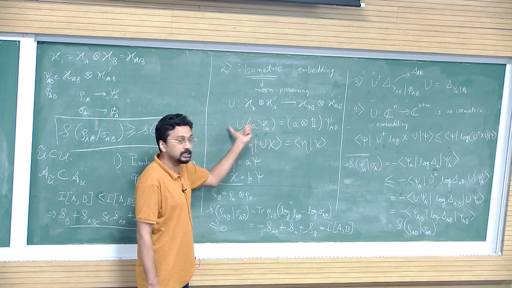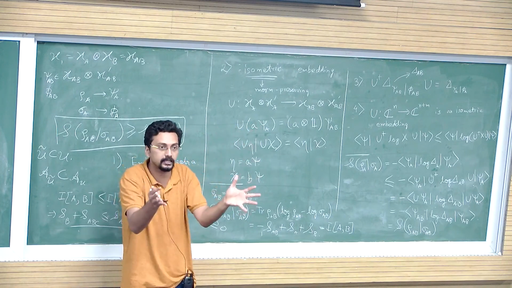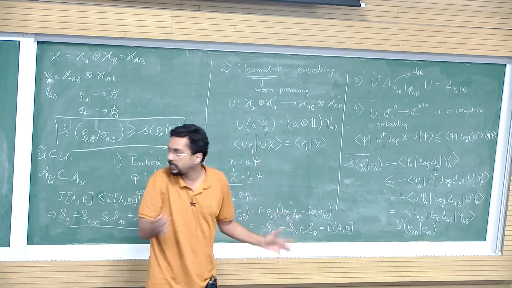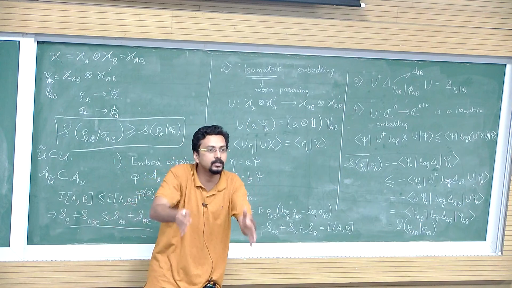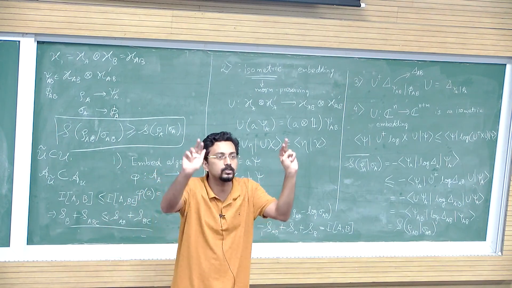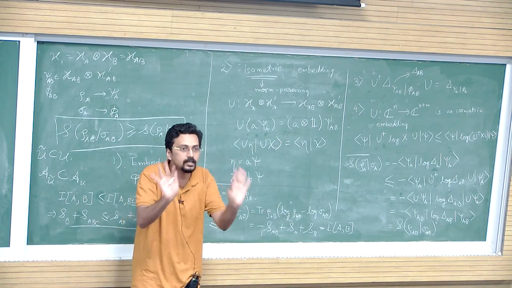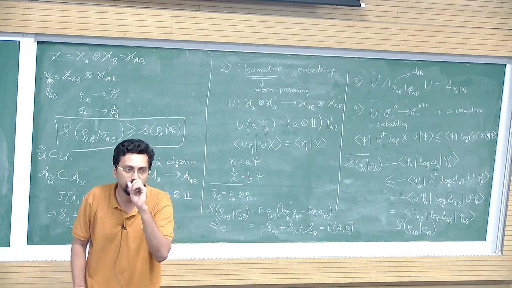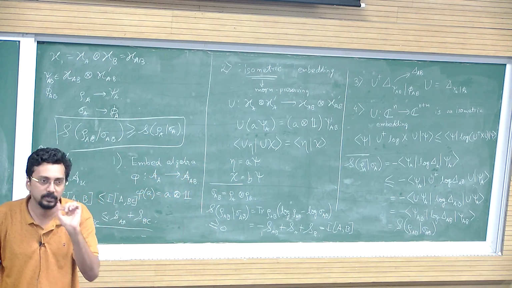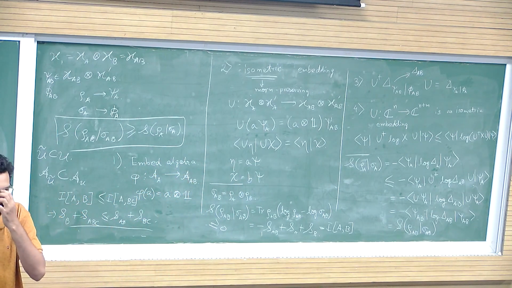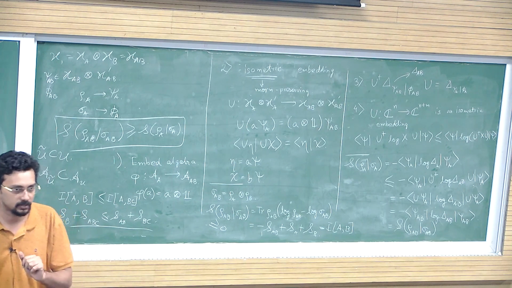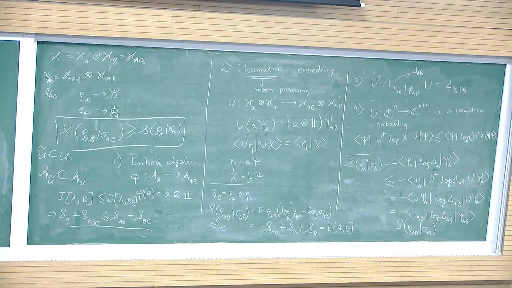These objects together, this operator together, are generating your quote unquote subalgebra for you. That is the picture you should have in mind. I absolutely do not agree with an equivalence with RG. So yeah, that is all.